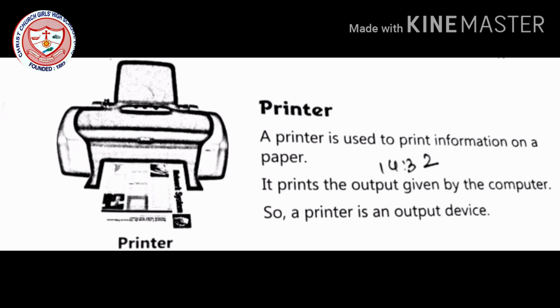A printer is used to print information on paper. It prints the output given by the computer. So a printer is an output device.